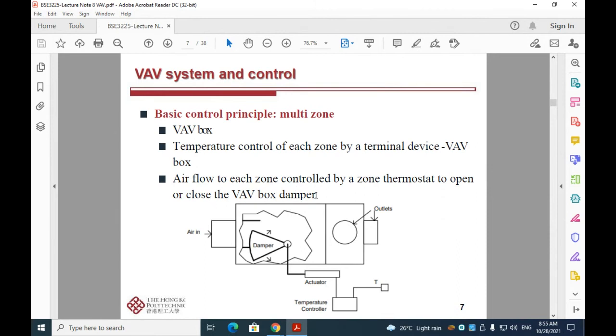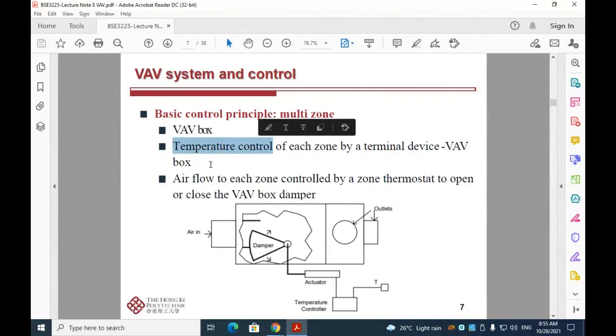Normally, a very prevalent design is we use a VAV box for each and every room. So for multi-zone, each zone is installed with a VAV box, and the VAV box is shown here. And I'm going to get to the schematic of the VAV box later.